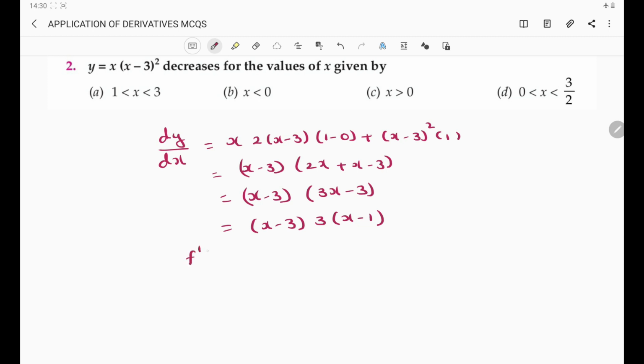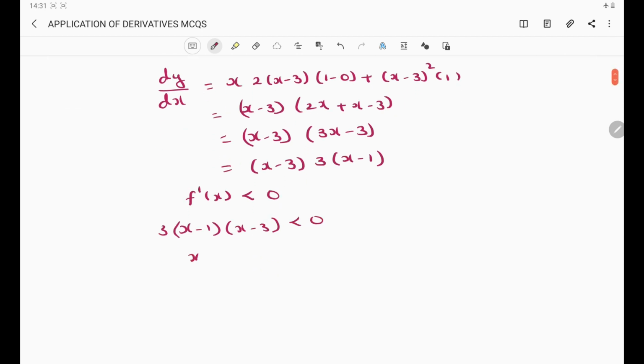A function is said to be decreasing if f dash of x is less than 0. So, we get x minus 1 into x minus 3 into 3 is less than 0. Dividing both sides by 3, we get x minus 1 into x minus 3 is less than 0.